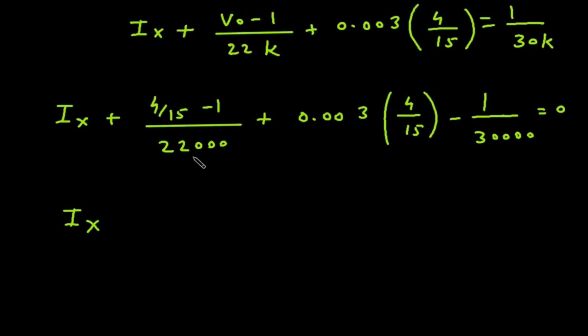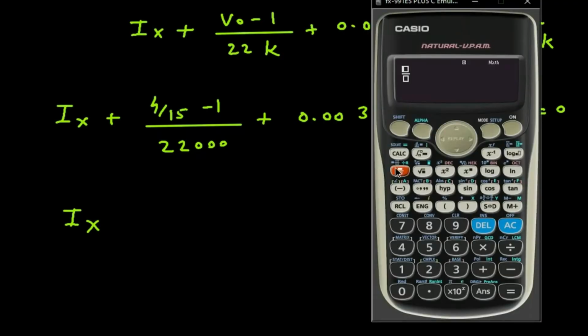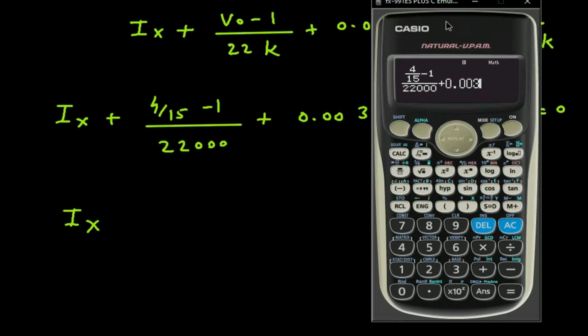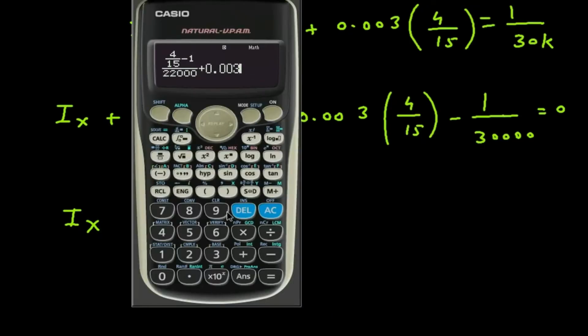Ix, and this will be 4 by 15 minus 1 divided by 22,000 plus 0.003 into 4 by 15 minus 1 by 30,000.